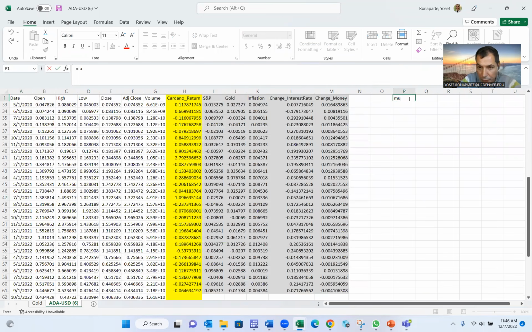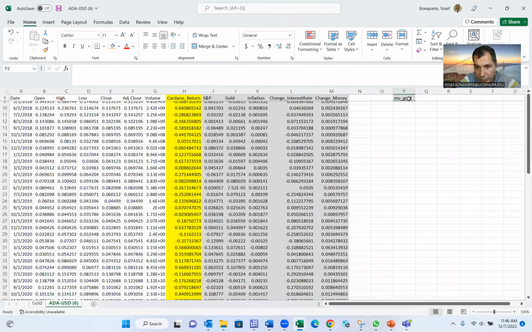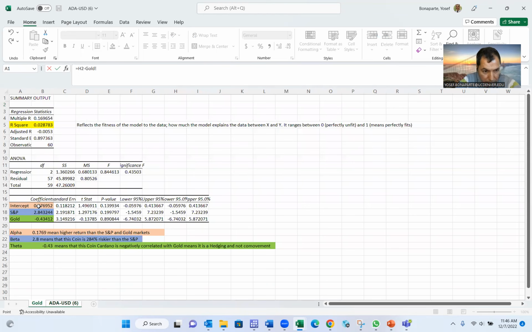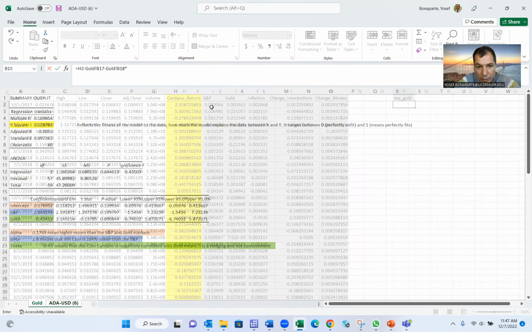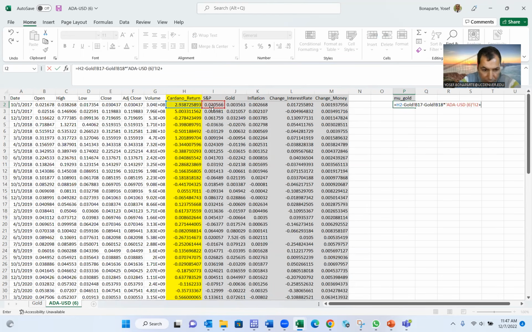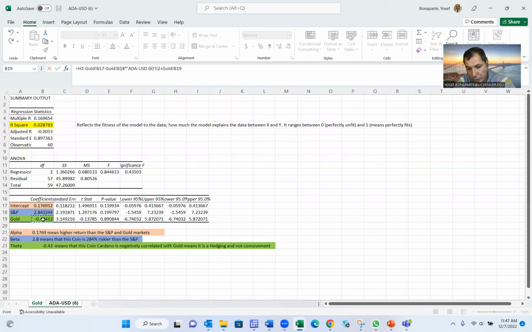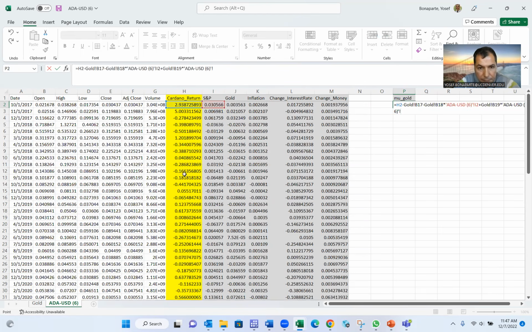So mu, in the gold case, is equal to the Cardano return minus this alpha minus this beta multiplied by S&P plus this multiplied by gold.